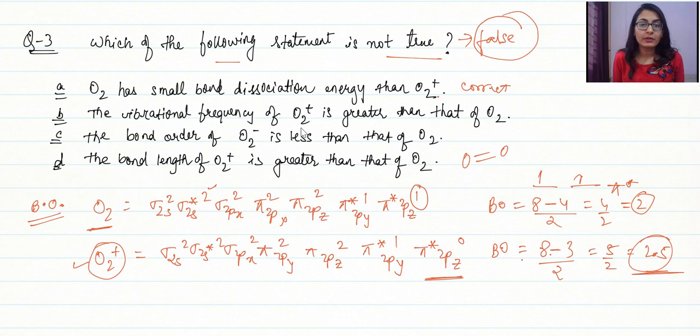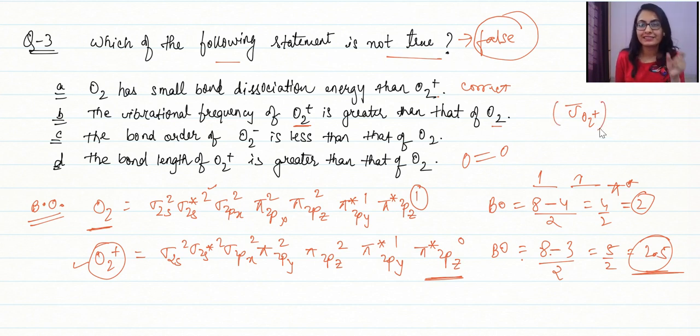The vibrational frequency of O2 plus is greater than that of O2. Yes, the value of the frequency is going to be greater. Why? Because we usually find the frequency of vibration in wave numbers.